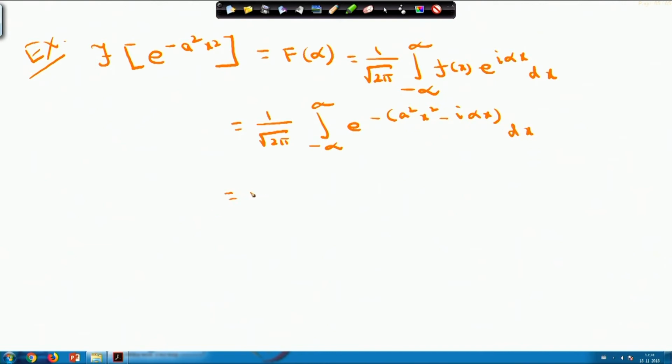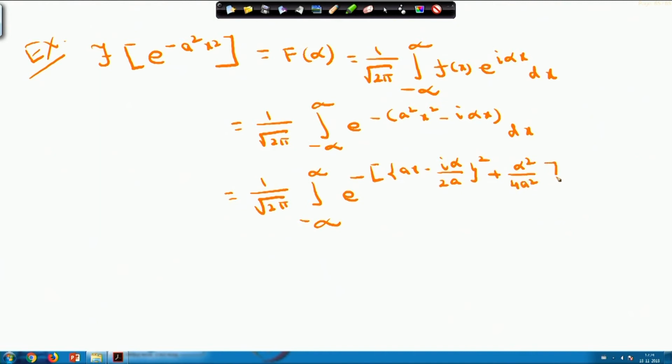So, to evaluate the integral I can write it in terms of a square, that is e power minus (a x minus i alpha by 2 a) whole square, plus the extra thing, alpha square by 4 a square.